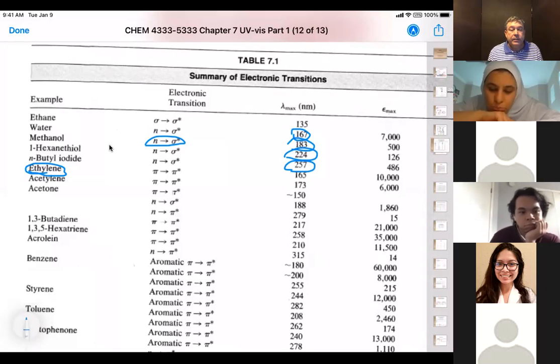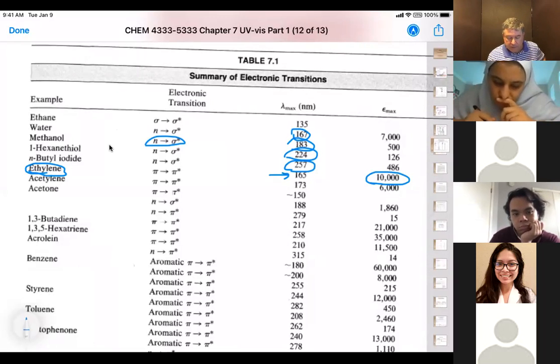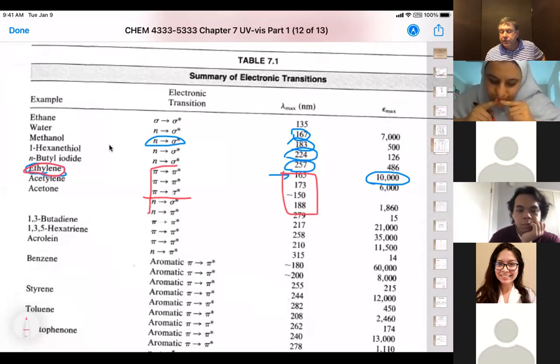Notice that in ethylene here, we also see a big jump in extinction coefficient. That pi to pi star transition is number 1 right here at 165. Actually, let me switch colors here so we can look at the pi to pi star transition separately. We change the energy, but we have much higher extinction coefficients.